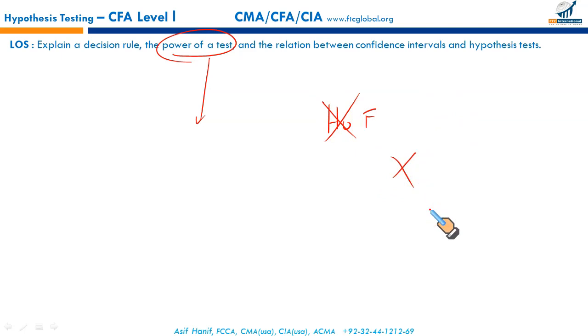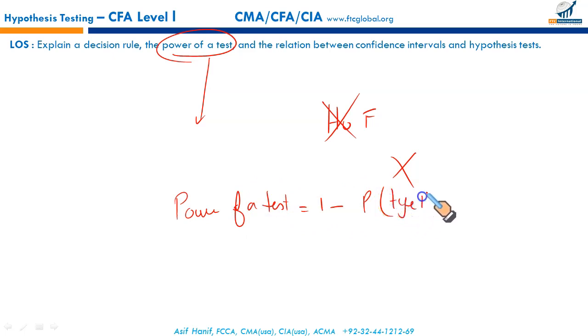This is what you call the power of a test. It is calculated this way: the power of a test is equal to 1 minus the probability of making a type 2 error. Simple as that. Now let's try to apply these into the actual questions and then we will make more sense out of it.